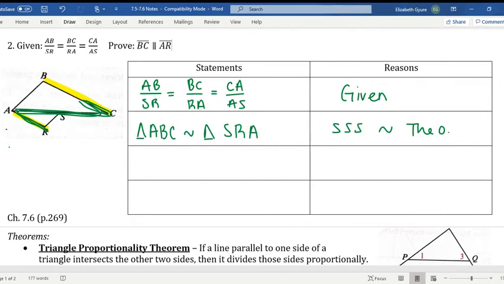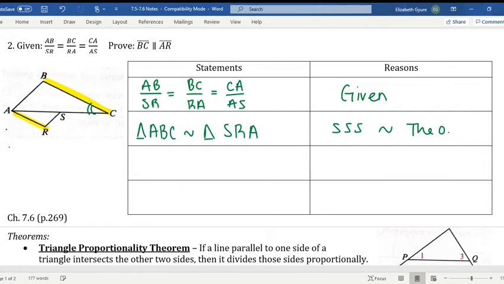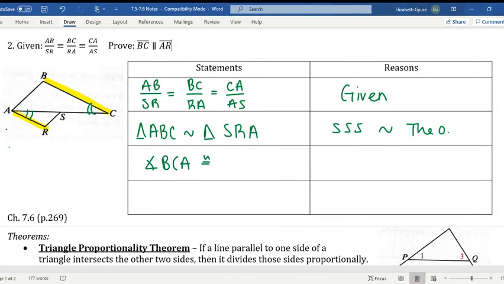You're good. So we are going to say that angle BCA is congruent to angle RAS. Not triangle, angle RAS.